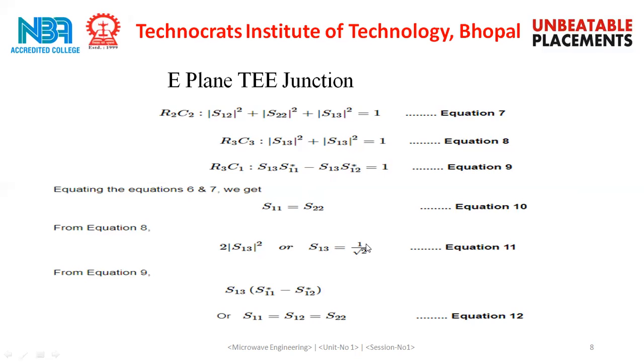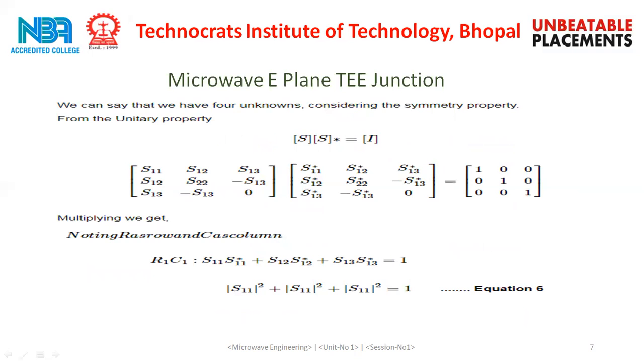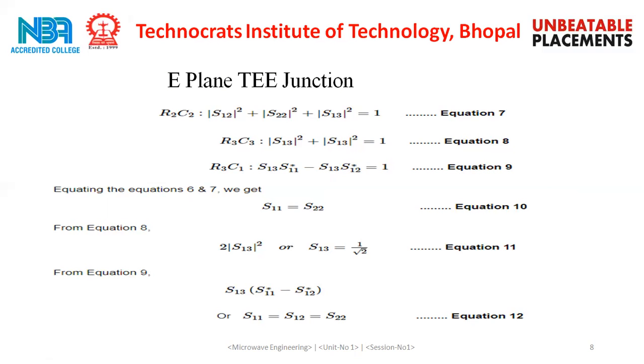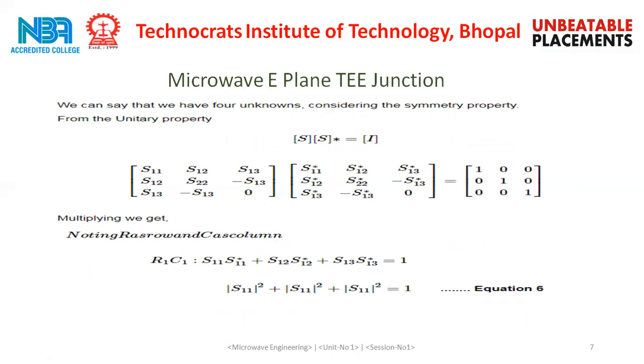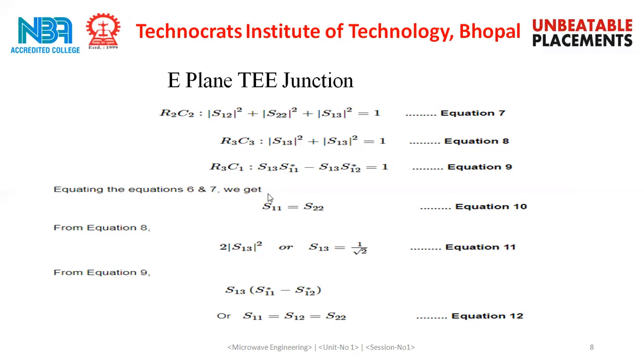Now see student, R3C1, the right hand side of the R3C1 of the identity matrix, it is 0. By using this equation number 9, we can write S11 is equal to S12, and by equation number 6 and 7, we can write S11 is equal to S22.